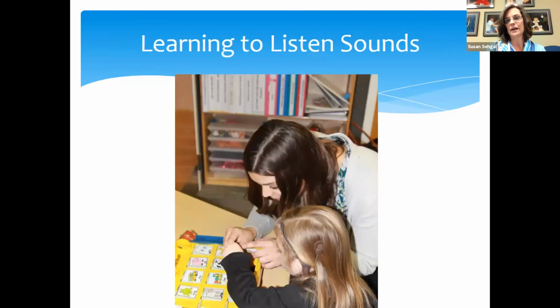Another common goal that we see on children who are beginning listeners with their amplification is we're looking at learning to listen sounds. And learning to listen sounds and associated objects or actions are actually hallmarks of teaching spoken language through listening.